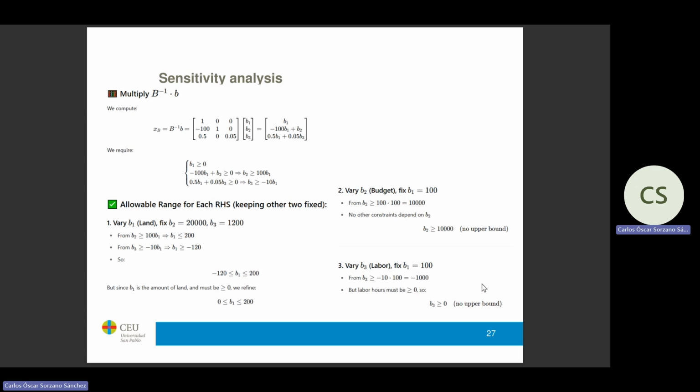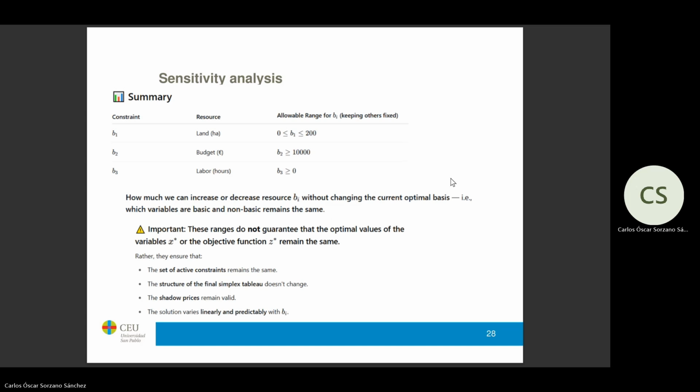So this will be the optimal solution as long as the number of labor hours is larger than zero. So now we have ranges of b's for which the solution that we have found is optimal. This is our summary for the b's. These are the ranges.